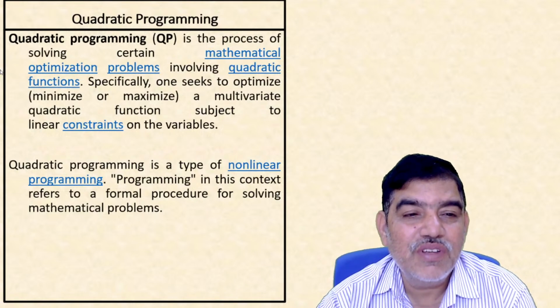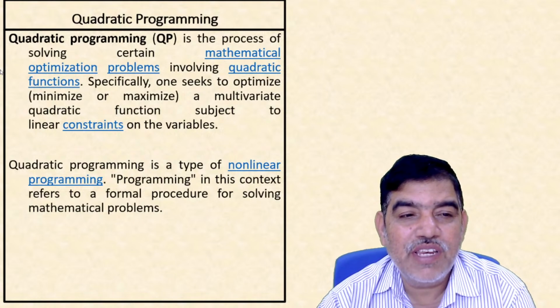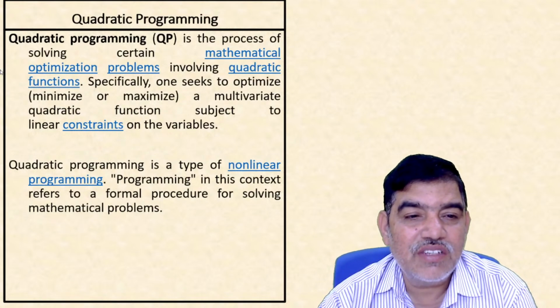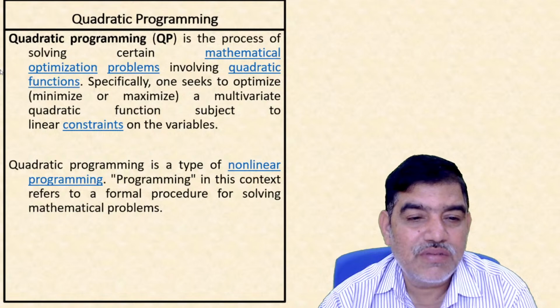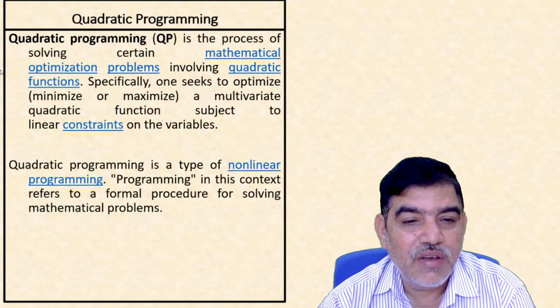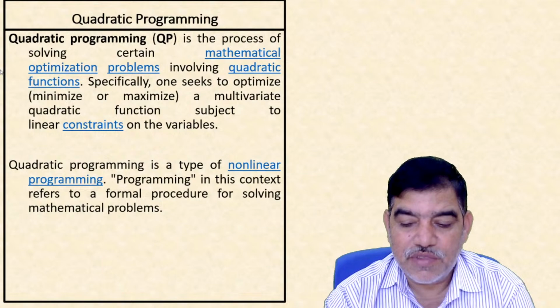The degree is 2. Specifically, one seeks to optimize, that is minimize or maximize, a multivariate quadratic function subject to linear constraints on the variables. So quadratic programming is a type of nonlinear programming. Programming in this context refers to a formal procedure for solving mathematical problems.